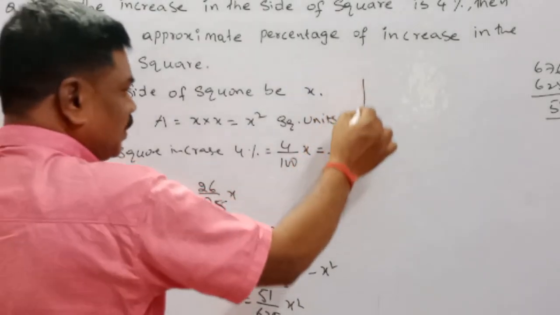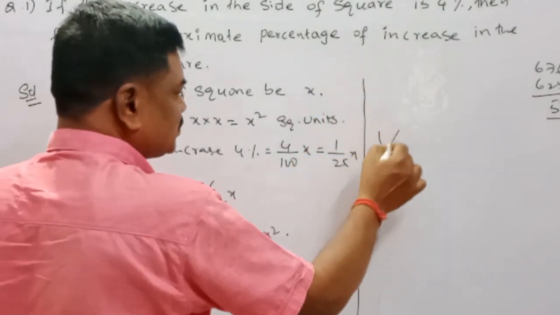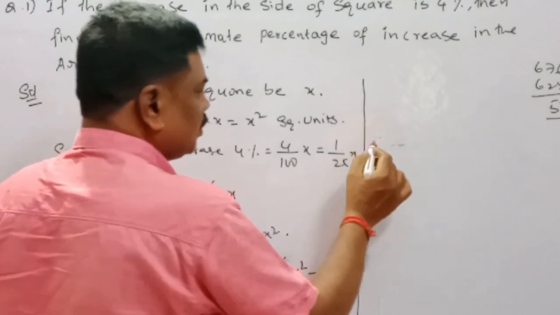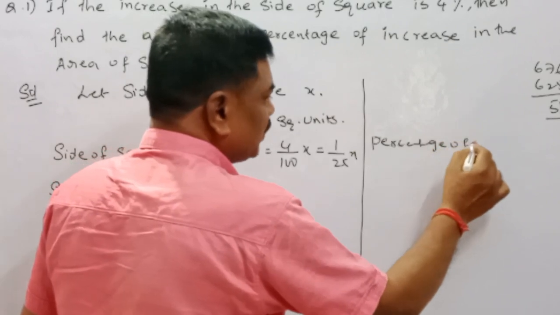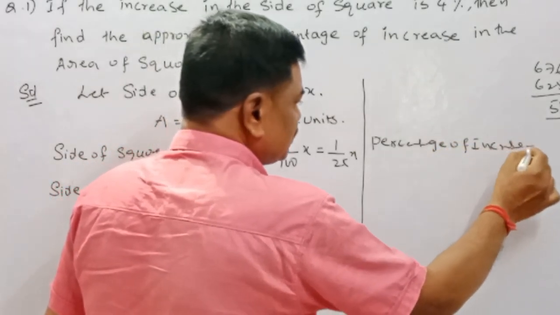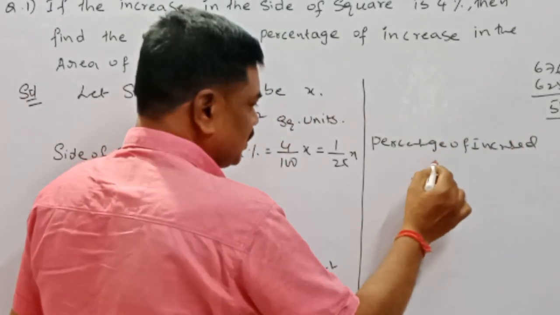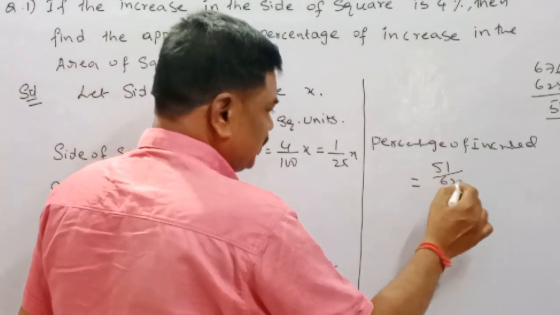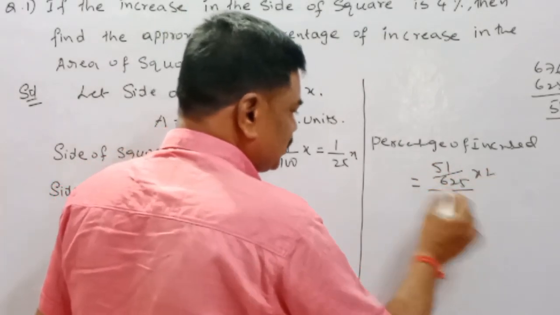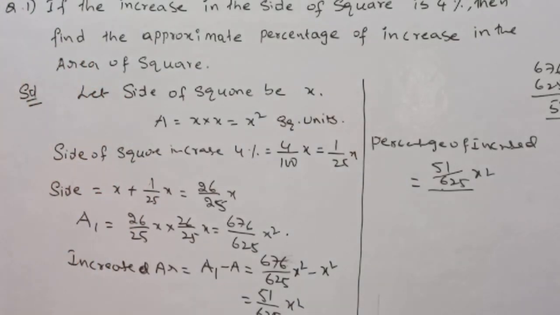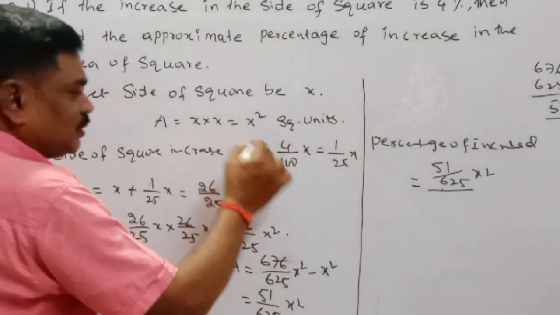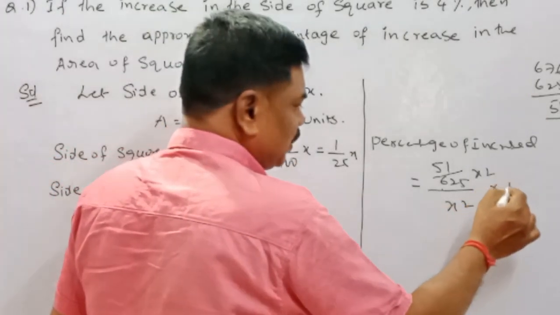So the percentage of increase is equal to the increase, 51 by 625 x square, divided by the original x square, into 100.